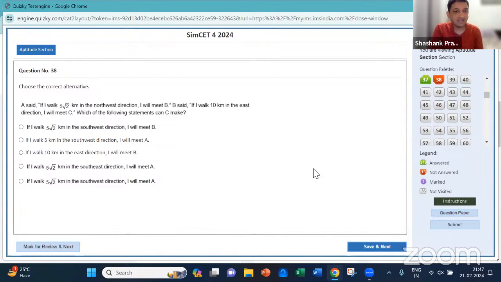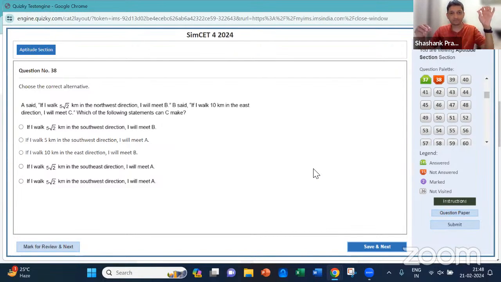Okay. A said if I walk 5 root 2 kilometers in the northwest direction. So 5 root 2 in the northwest direction. I hope the video is reflecting the northwest direction. So 5 root 2 in the northwest direction, I'll meet B. So B is standing somewhere here. If I walk 10 in the east direction, I'll meet C. So which of these statements can C make?